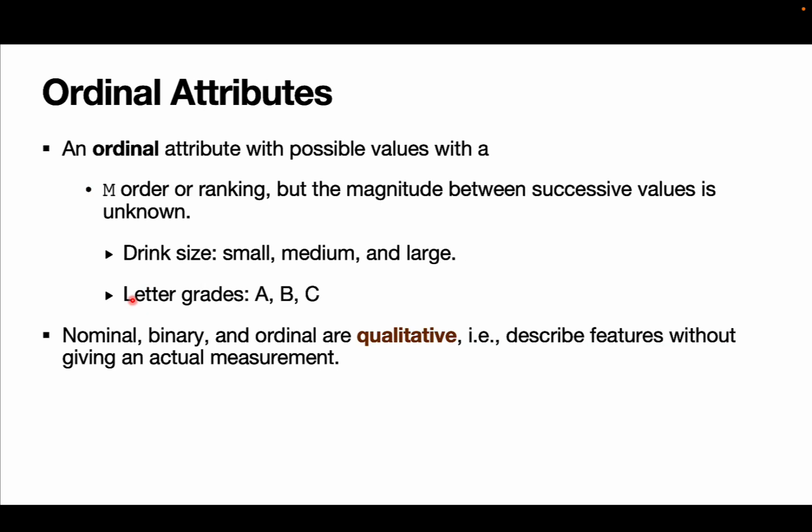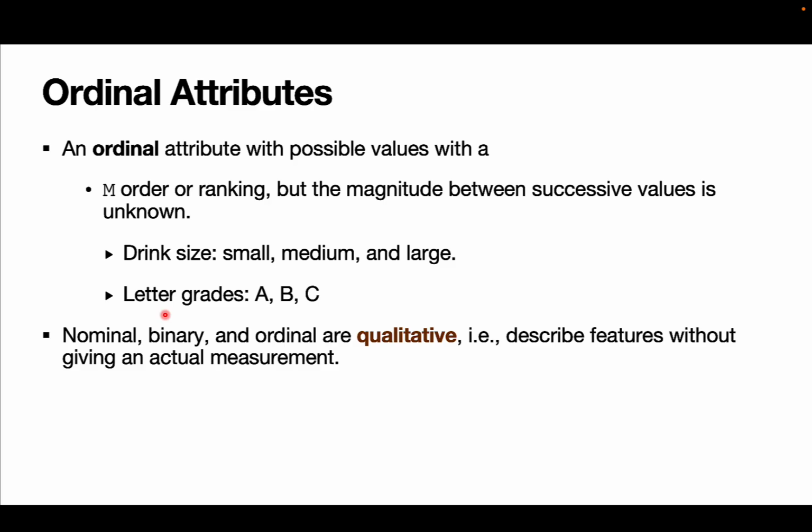An ordinal attribute is an attribute in which the order of the values is significant. However, the magnitude of significance between 2 successive values is unknown. Examples are drink sizes, letter grades, and rankings.